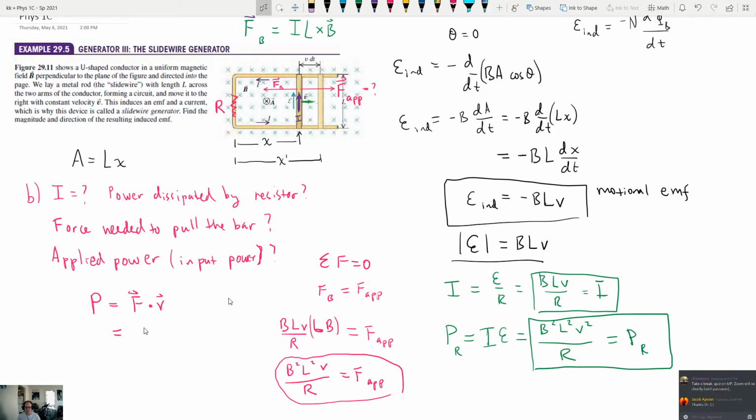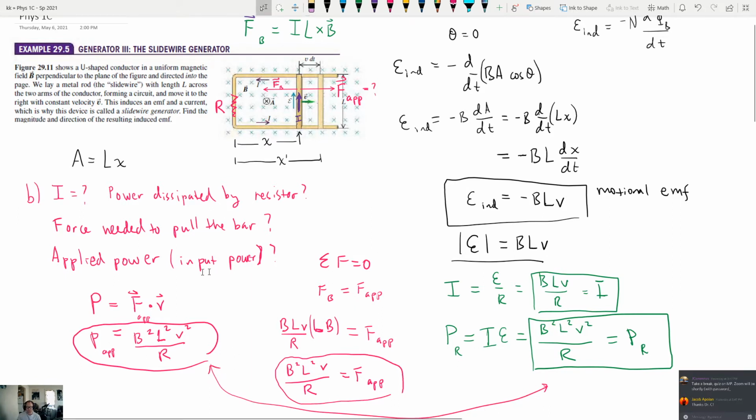And since the force and the velocity in this case are in the same direction, and we're using the applied force here, it's just going to be B squared L squared V squared divided by R. You'll notice that this is the same as this, right?